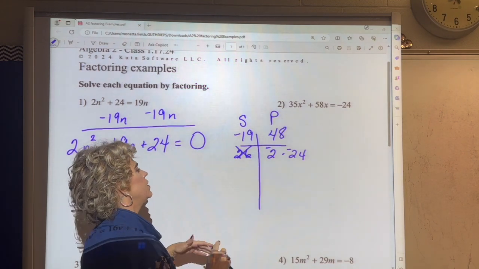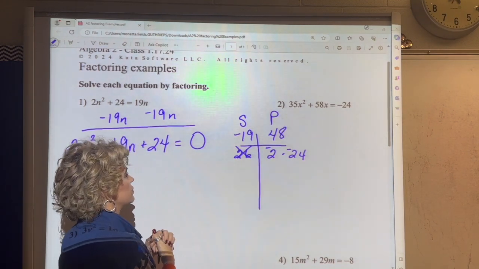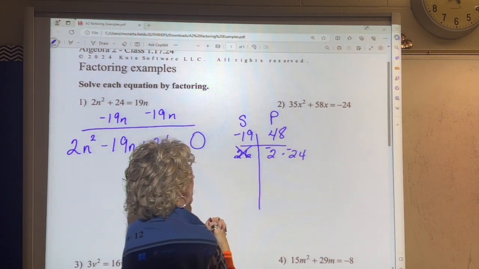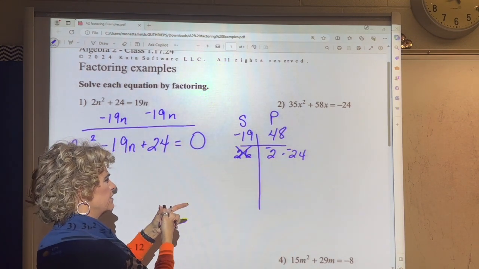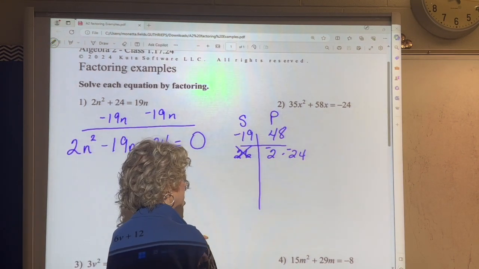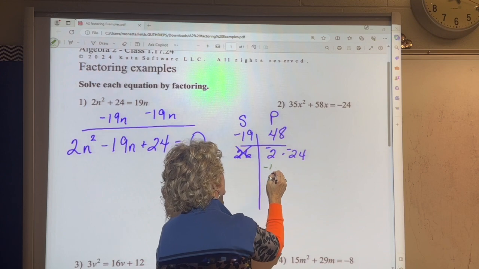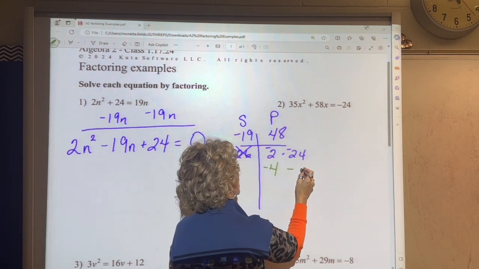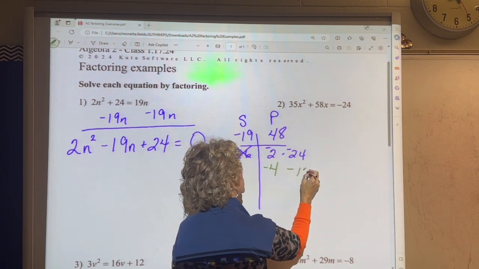So we continue, and sometimes it's a trial and error kind of deal. 4 goes into 48, 12 times? So again, I'm going to have a negative 4 and a negative 12, isn't it? Negative 4, negative 12.